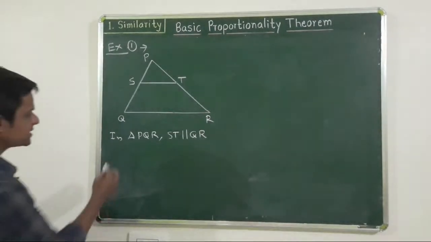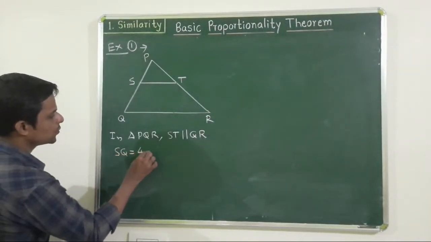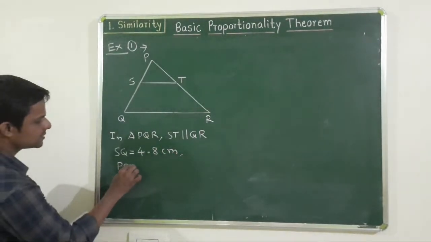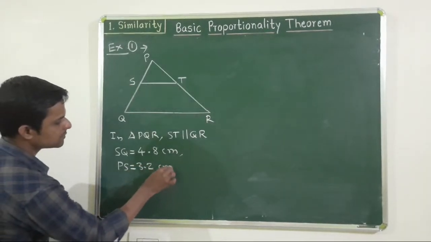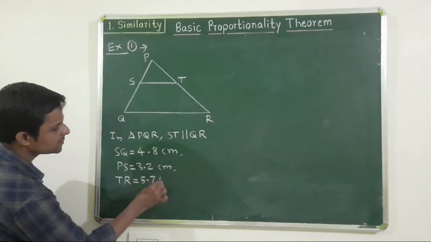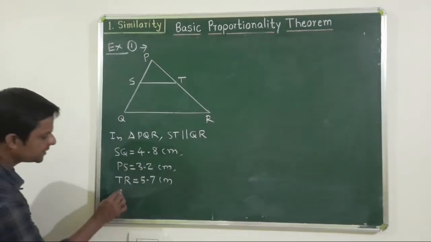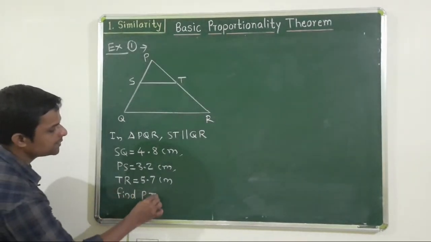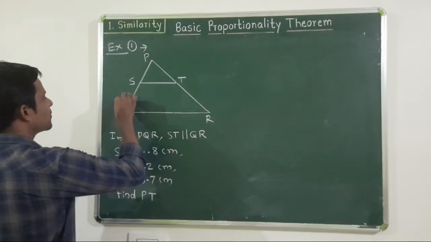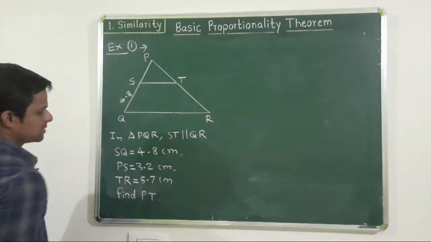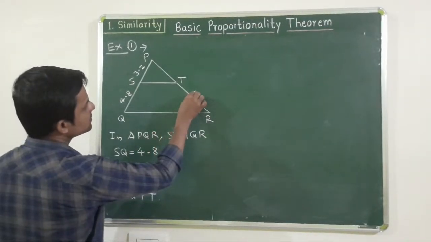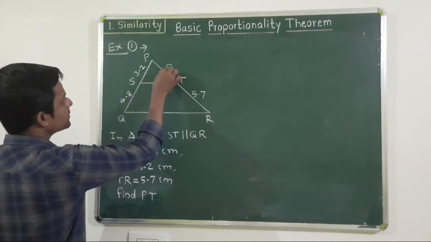Some values are given: SQ is equal to 4.8 centimeter, PS is equal to 3.2 centimeter, TR is equal to 5.7 centimeter, and we have to find PT.